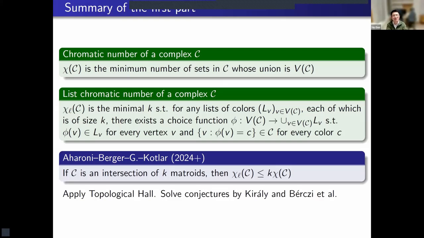So in this talk, we introduced the definition of the chromatic number of a complex C, which is the minimum number of sets in C whose union is the vertex set of C. And we also defined the list chromatic number of a complex C, which means you give each vertex a list of colors, and the list is of size K. Then you are able to choose one color from the list of each vertex so that all the vertices receiving the same color form an element in C. And we proved that if your complex C is the intersection of K matroids, then the list chromatic number of your complex is at most K times the chromatic number of complex C. The proof is by applying the topological Hall theorem.